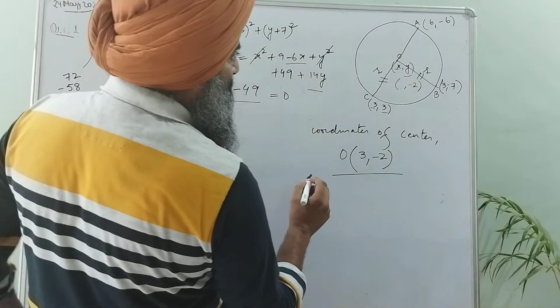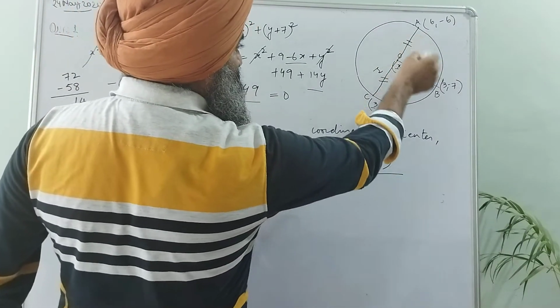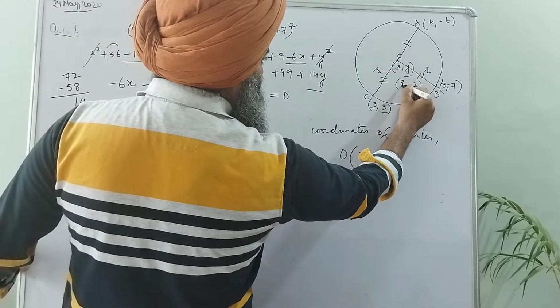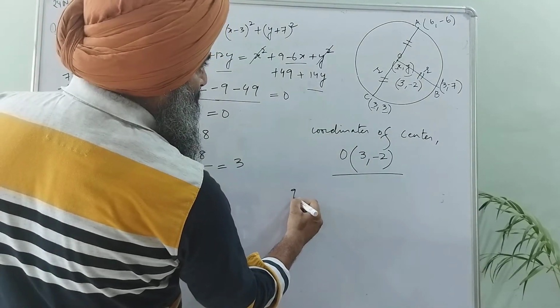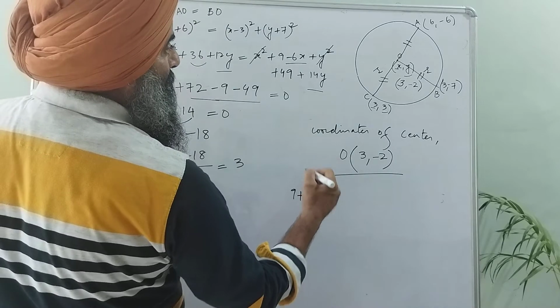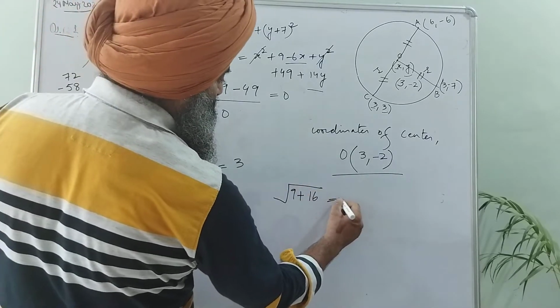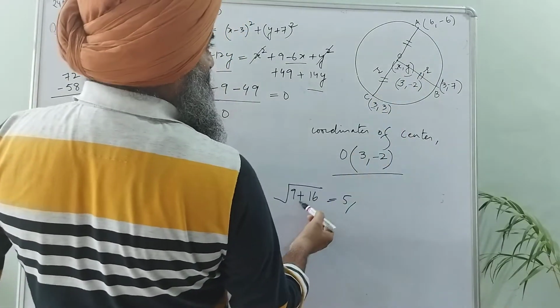Now, you can always verify your results, whether it is right or wrong. How you will verify? Now, with this center, this distance and this distance should be same. Let us see. Now, if this is 3 minus 2, so this will be 6 minus 3, whole square is 9, plus minus 6 plus 2, that is 16, right? So that is equal to 5. Is it right? 6 minus 3 whole square, 9.